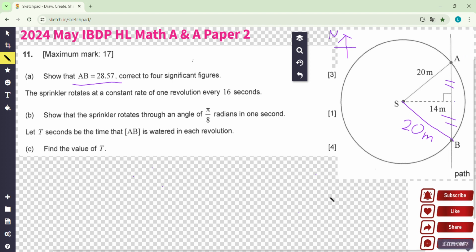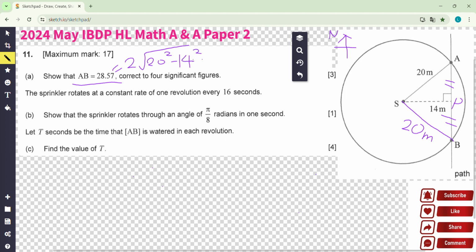So AB is 2AP, right? And you can find AP by Pythagoras' theorem, square root of 20 squared minus 14 squared. So AB is 2 times the square root of 20 squared minus 14 squared.